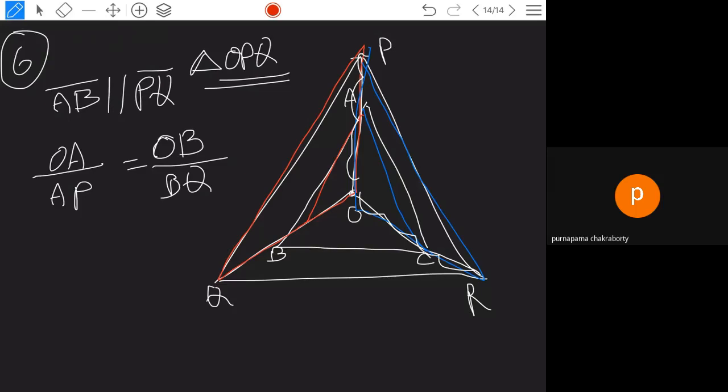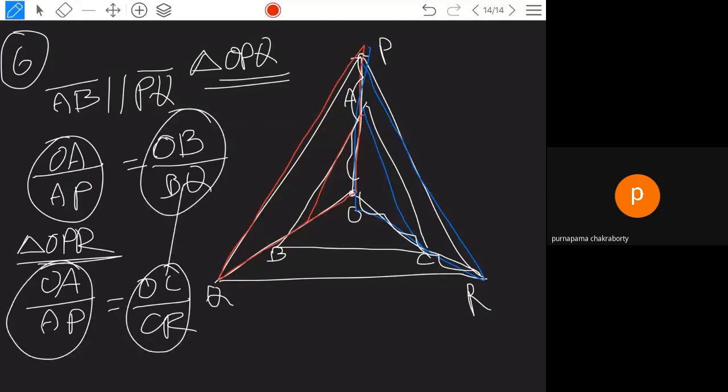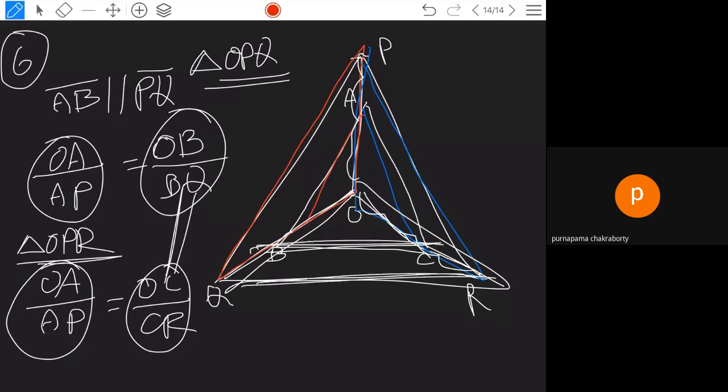So OA by AP equals OB by BQ, and OA by AP equals OC by CR. So these two are equal, that is nothing but OB by BQ is equal to OC by CR. From that you can say that in this triangle BC is parallel to QR. That is what it asks you to prove.